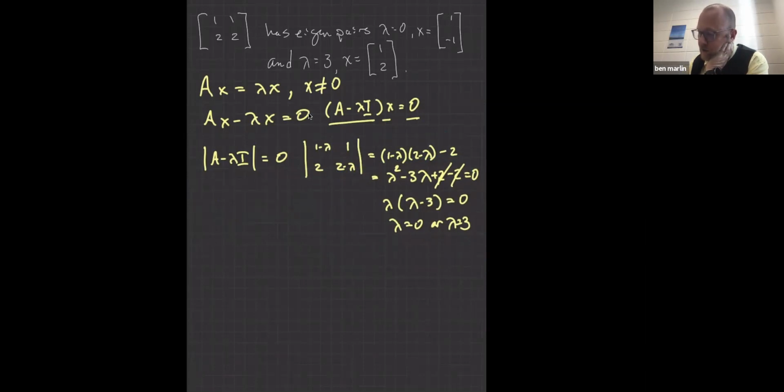And I'm going to start with lambda equals 0, okay? So I'm just going to take A minus, and on the diagonal, I'm going to subtract 0. So that just means 1, 1, 2, 2. And then I'm going to write x1, x2 here. And that needs to turn out to be 0, 0.